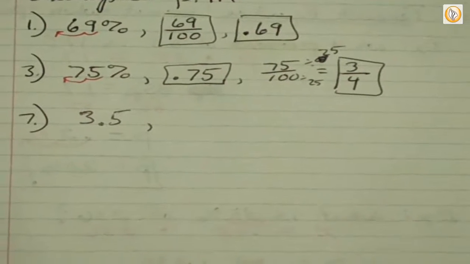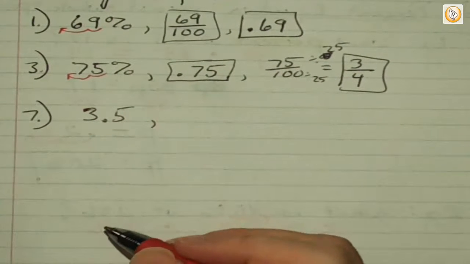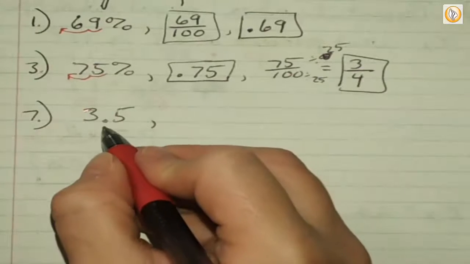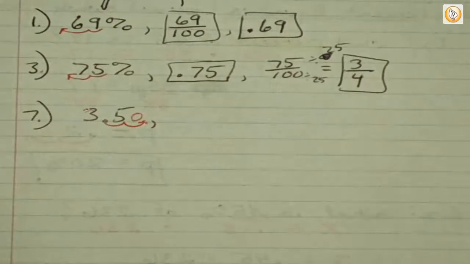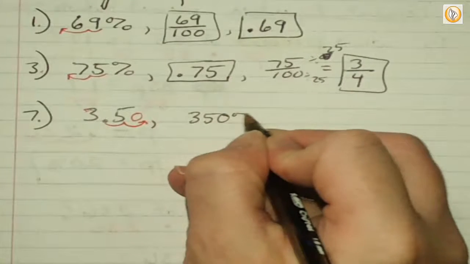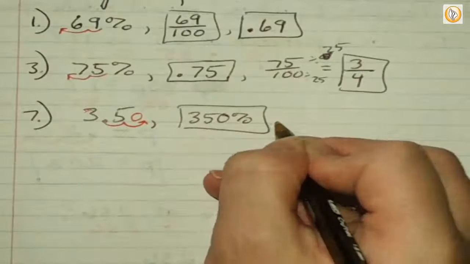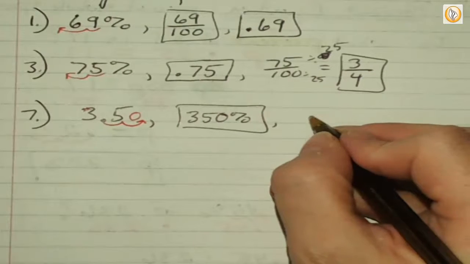Which would be easier? I don't know, percent. Okay, how do I change that to a percent? Two places to the right. And then stick in a 0, so you would get what? Very good. And then, just by that, how would I change it to a fraction?